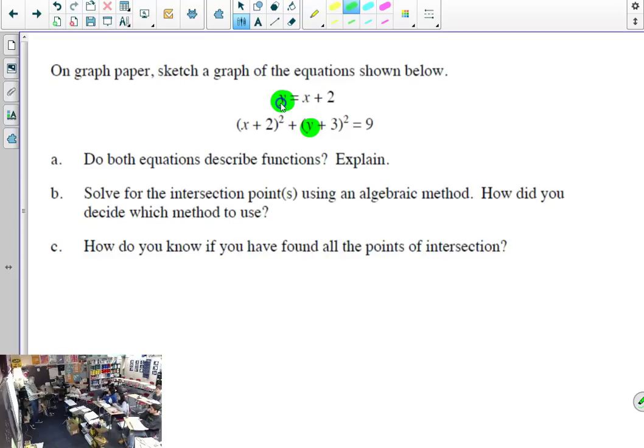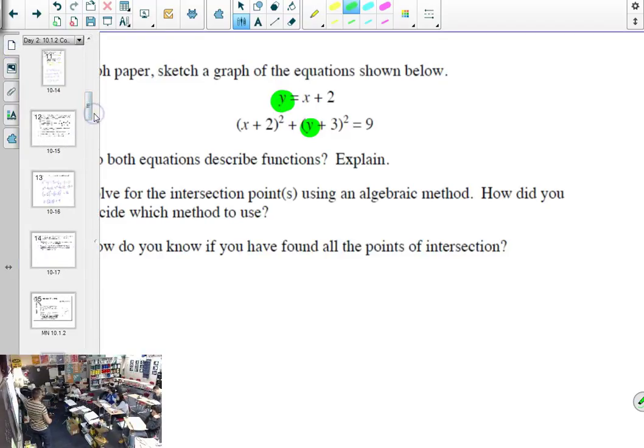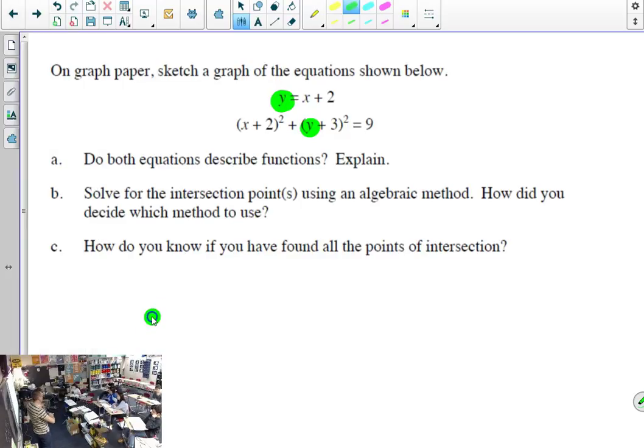I'm going to let you dive into the circle intersections on your own for a few minutes and try that. When it suggests using an algebraic method, always think about, can I substitute anything? Can I isolate a variable and plug it in somewhere else? What can I do? Which one are you doing right now? This was back from yesterday. We didn't solve this algebraically, but if we had done this through substitution, we were just rolling on the graph, so we found it graphically.